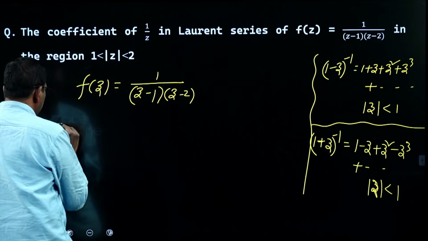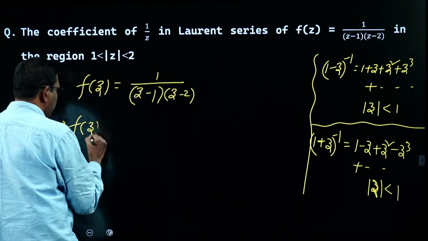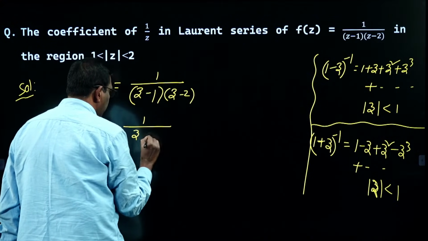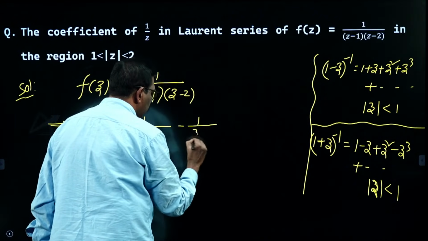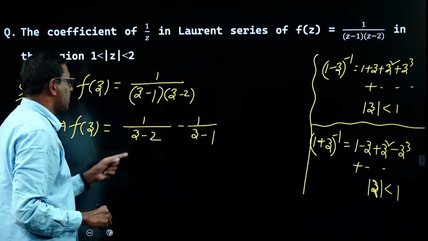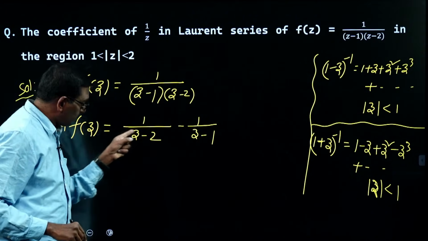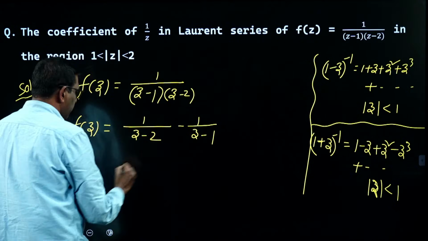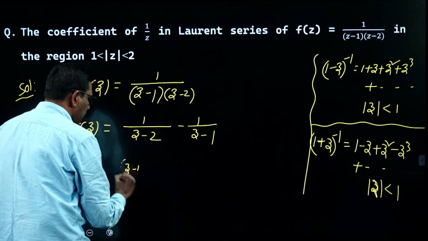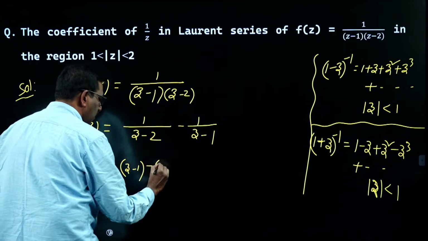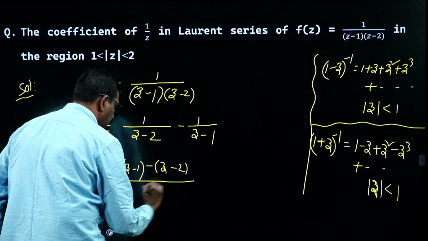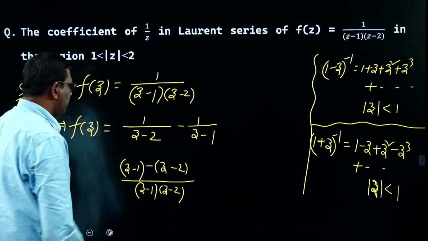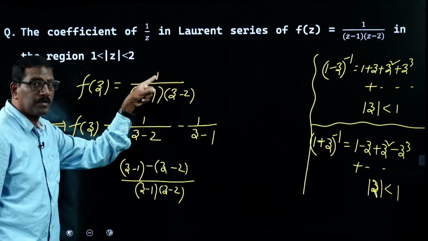So, what I will do? f(z) = 1/(z - 2) - 1/(z - 1). Is it correct or not? You check it. The denominator is (z - 2)(z - 1). Now, what is the numerator? (z - 1) - (z - 2) over (z - 1)(z - 2). z will cancel, -1 + 2 gives 1 only, or not?